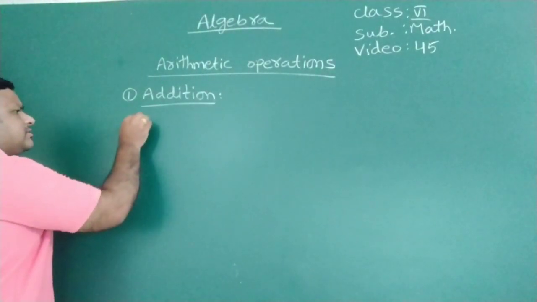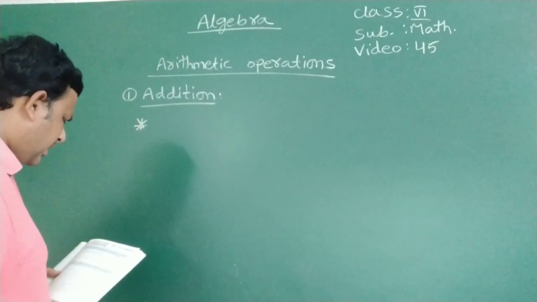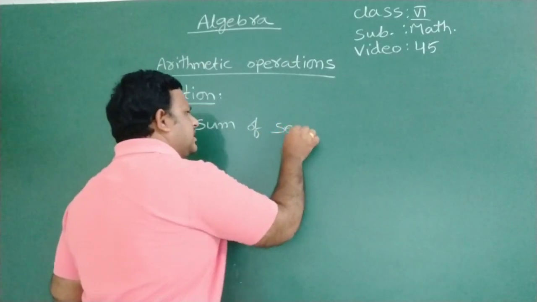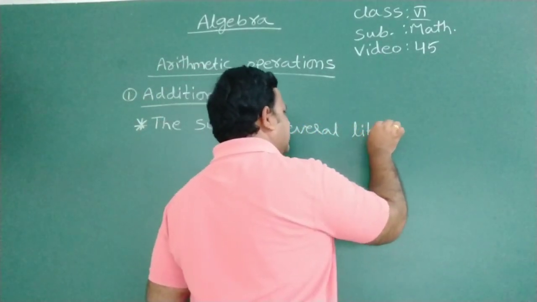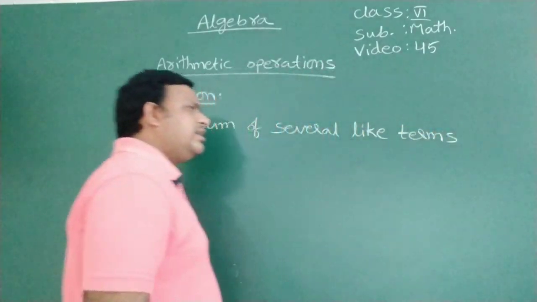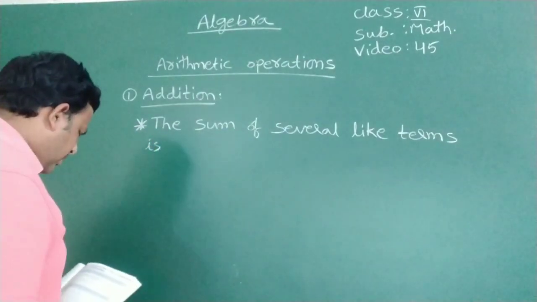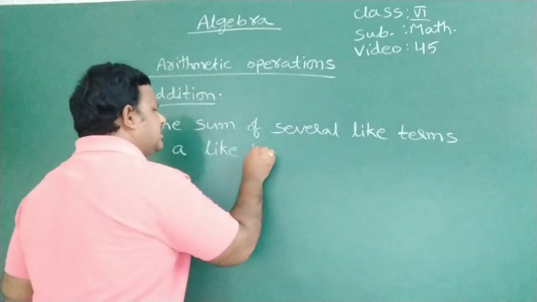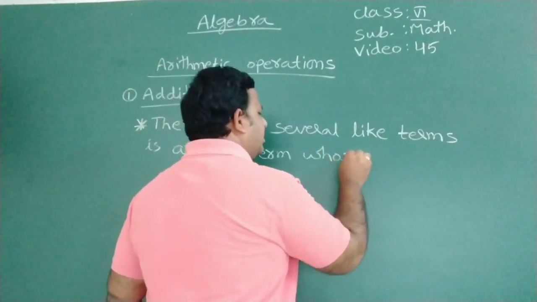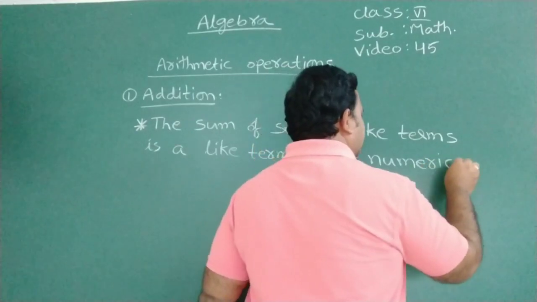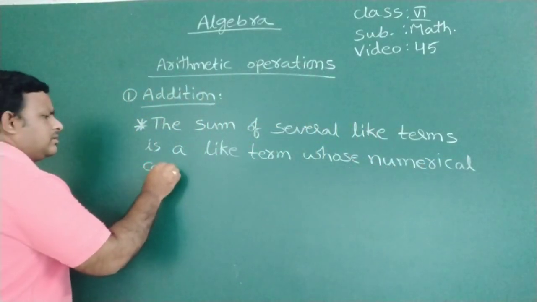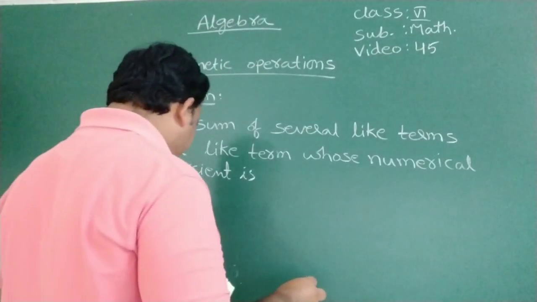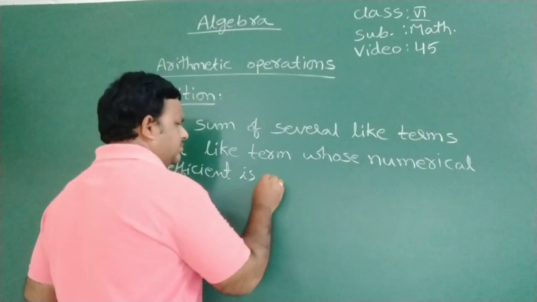In this, the first point: the sum of several like terms is a like term whose numerical coefficient is the sum of the numerical coefficients of the given like terms.